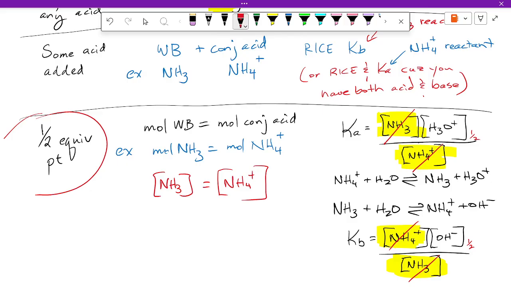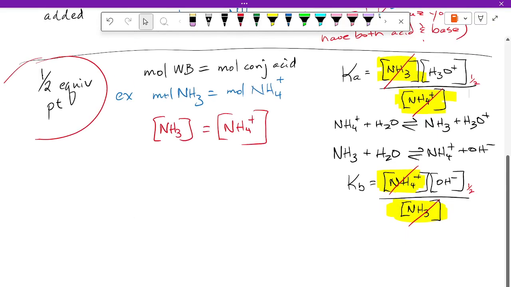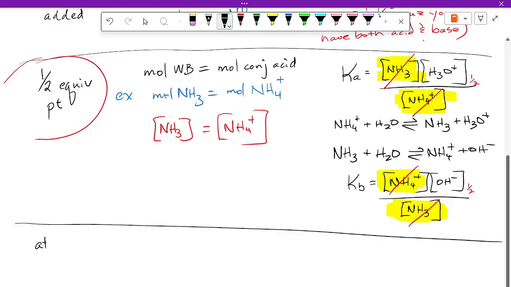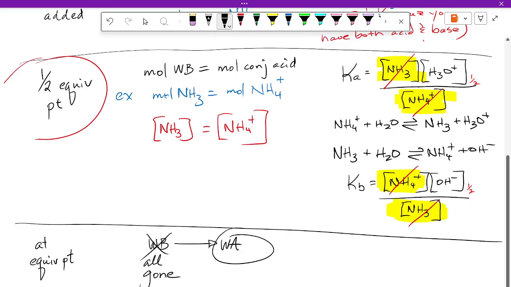At the equivalence point, we will have taken all of our weak base and converted it into weak acid. The weak base will be all gone. Yes? Because we have a weak acid, it will undergo hydrolysis.